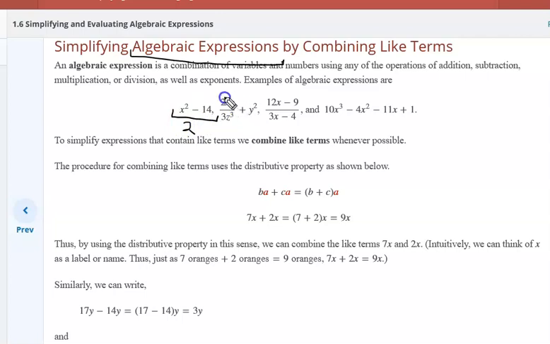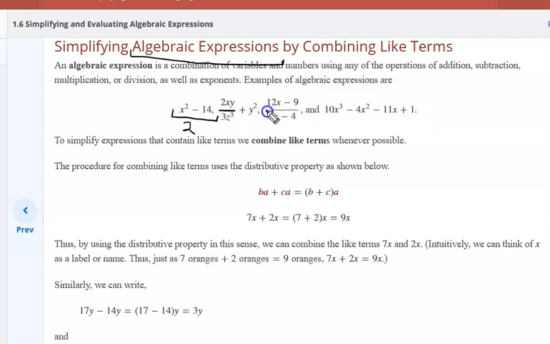Now, this is just one term here because it's unified by that grouping symbol, the division bar. That's one term. And then plus y squared is another. So this would have two terms in this expression.